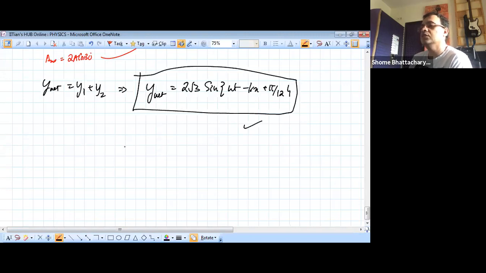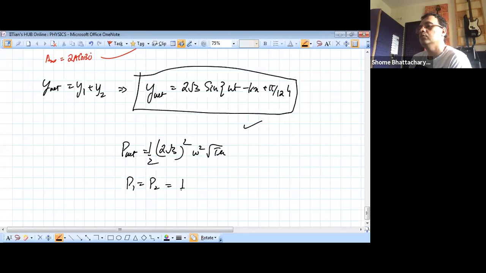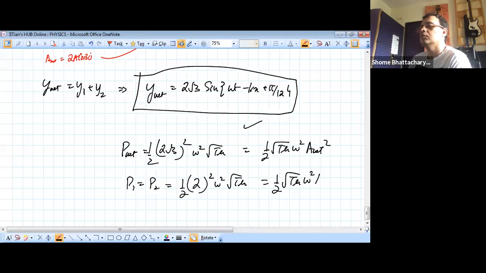So from this, you can also see that the net power will become this thing, (2 root 3) square into omega square P mu. Whereas P1 was equal to P2, this is basically half square root T mu omega square into net amplitude square, and this is T square.